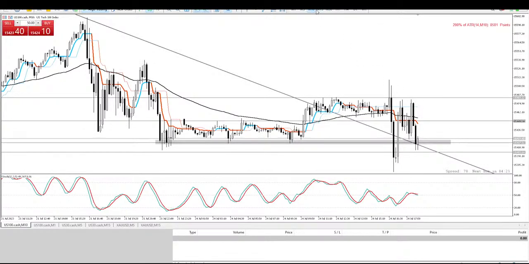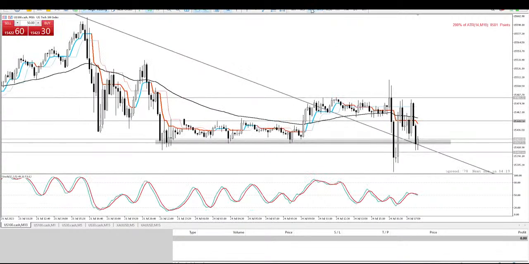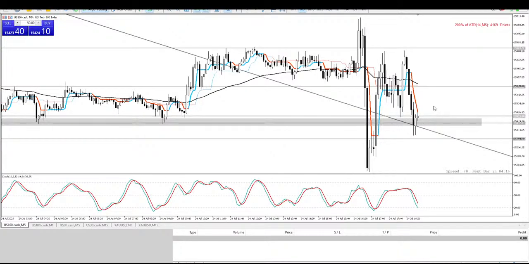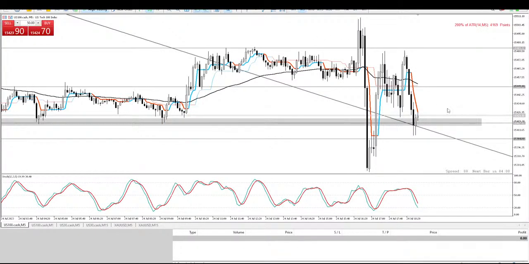So we had that 15-minute close, rejecting this level. That doesn't necessarily mean it's gonna go up. It could just mean that people were taking profit or it was hitting some stop losses. So again, we don't have any confirmation for short yet.